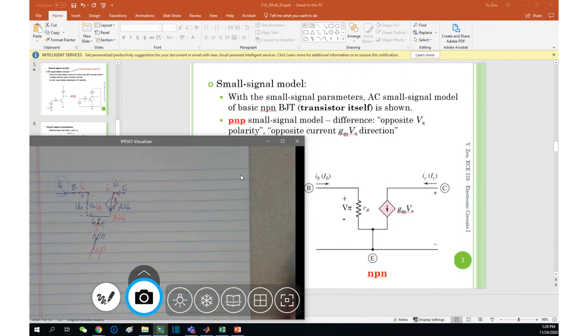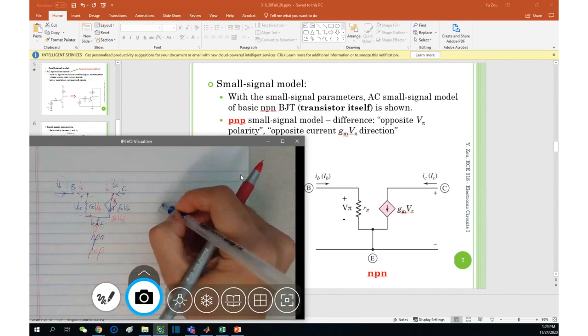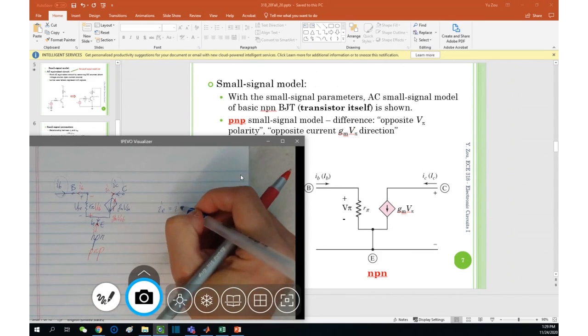Recalling in the DC analysis for the BJT, for NPN and PNP the current direction is flipped, opposite. In AC as well, they have opposite current direction. However, no matter whether it's blue or red, what do you see? They have the same current relationship, right? In AC as well, IE equals IB plus IC.